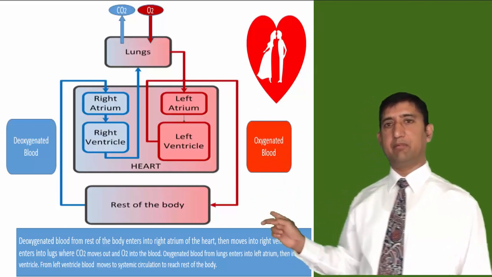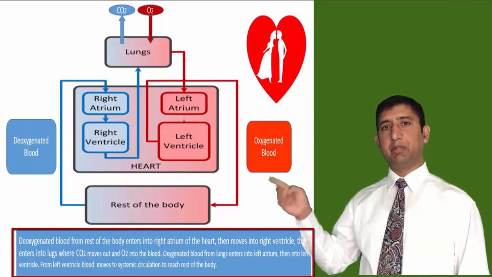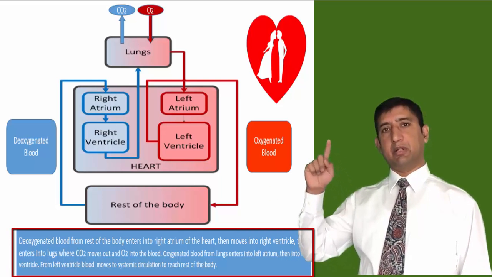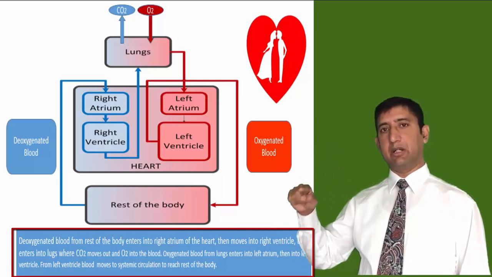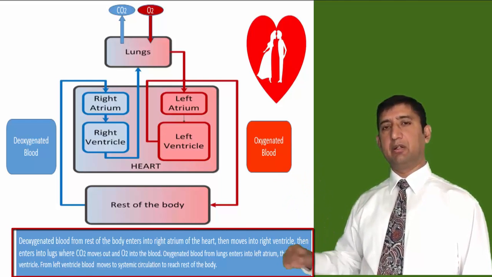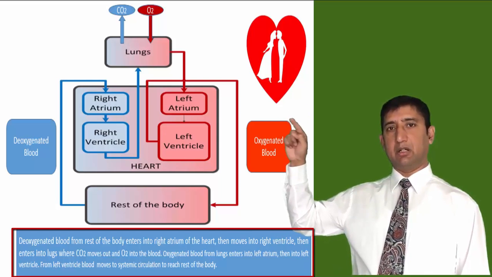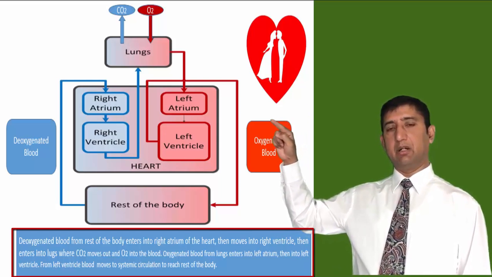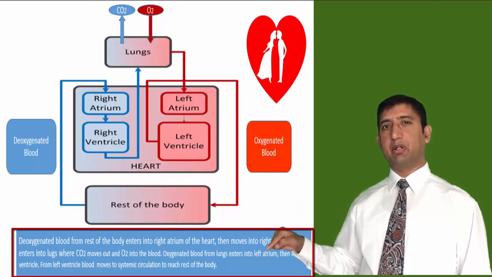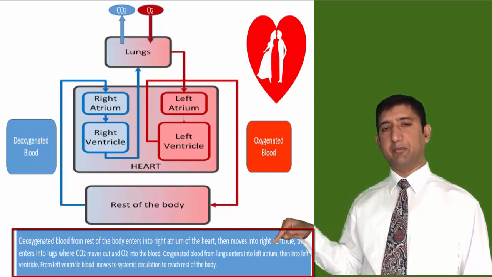Then we have on-screen text. If I'm narrating this picture, if I'm describing this diagram, that blood from the rest of the body that is deoxygenated enters into the right atrium, then to the right ventricle, then to the lungs where oxygen and carbon dioxide exchange takes place, and then oxygenated blood enters into the left atrium, from left atrium to left ventricle, and from left ventricle it moves all over the body.